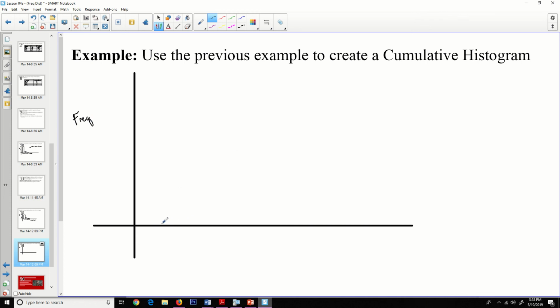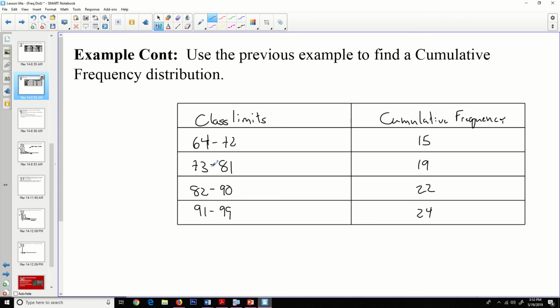This first one will be everything that is less than 73. And where am I getting the 73? I'm using the value for the lower limit of the class above it.